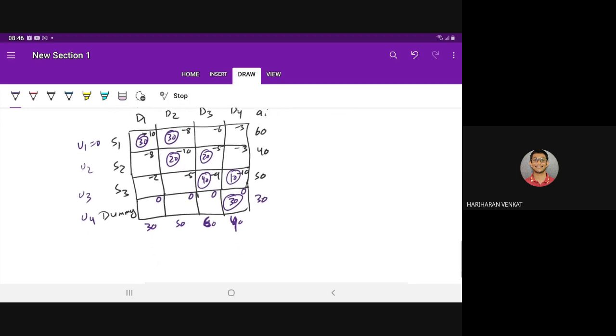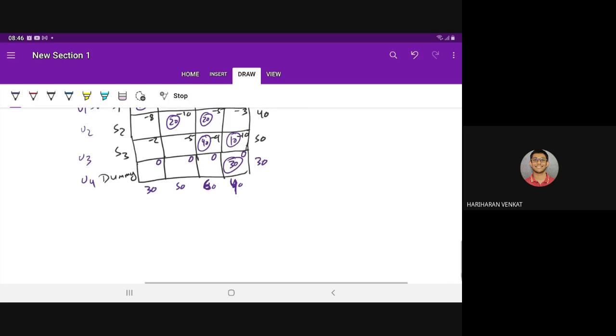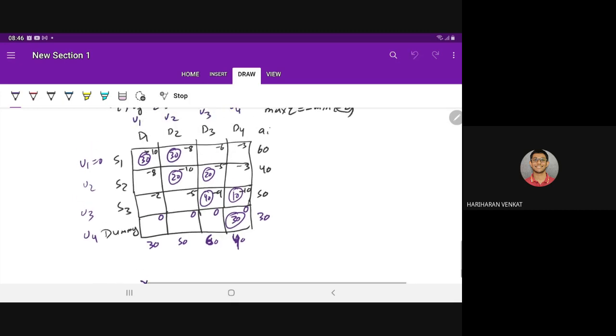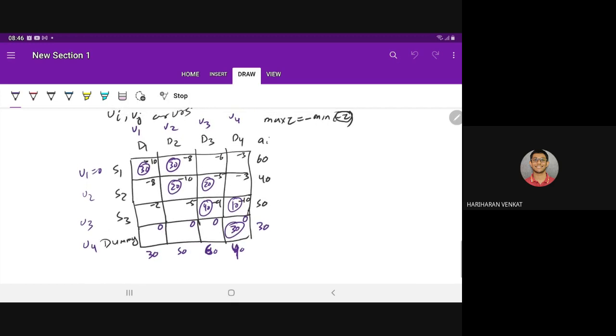Now, let us suppose xij means total we have 1 2 3 4 5 6 7 basic variables. No problem. So u1 is equal to 0 for the basic variable. For the basic variable u1 v1, u1 plus v1 is equal to c11.